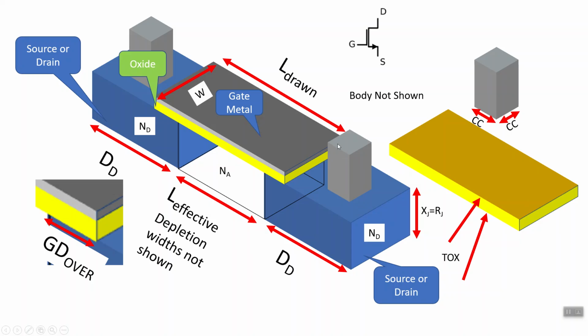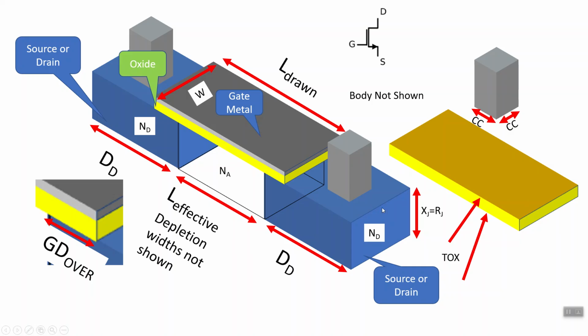And a quick thing about scaling: when you make a smaller device, you shrink L drawn, and that allows you to shrink W to get the same kind of current. But to keep the ideal transistor properties as constant as can be, you end up shrinking the gate oxide as well.